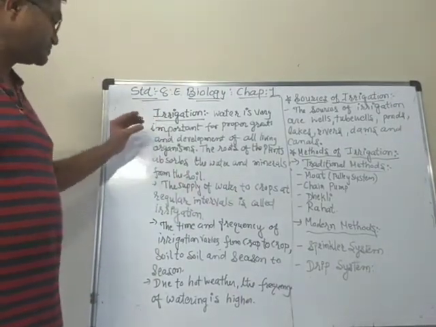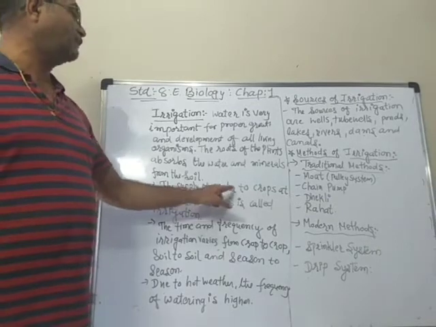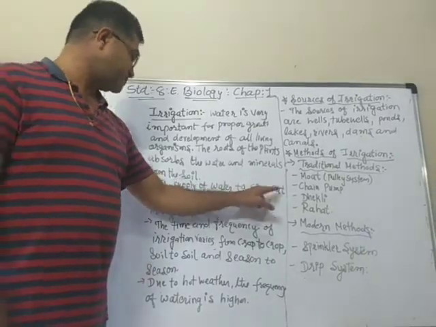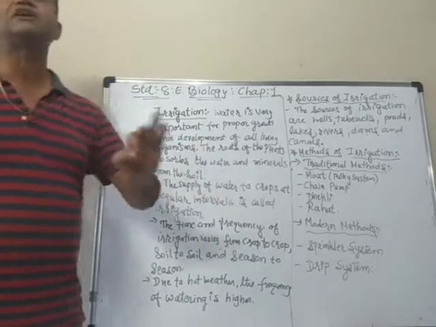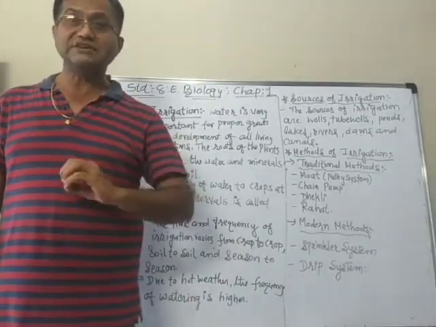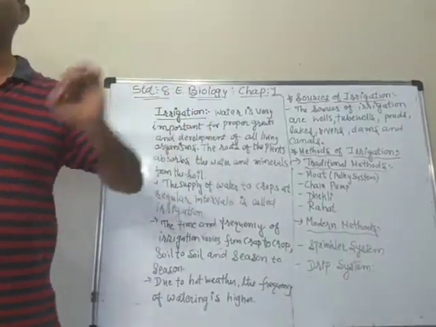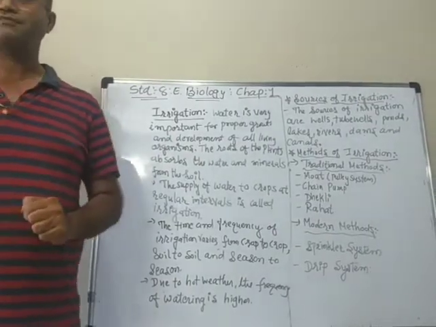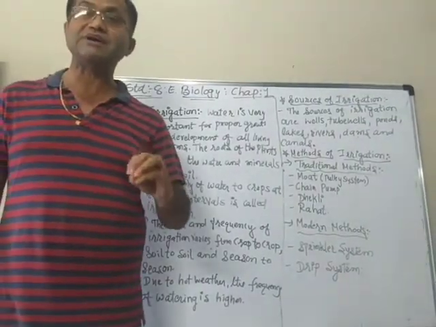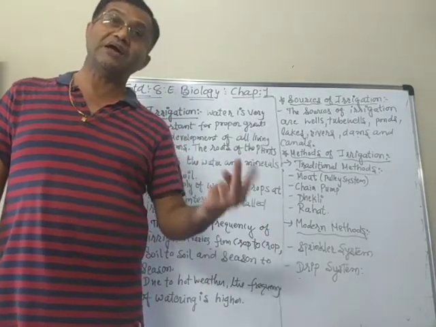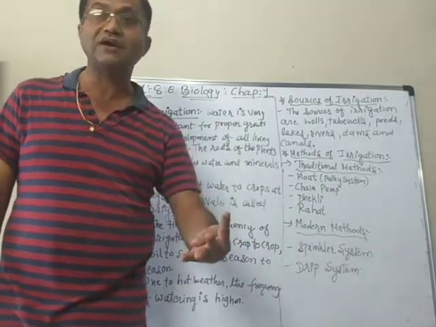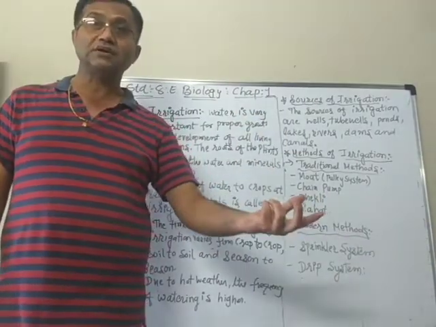So what is irrigation? The supply of water to crops at regular intervals is called irrigation. It means what? Every 2 days, every 5 days, every week.